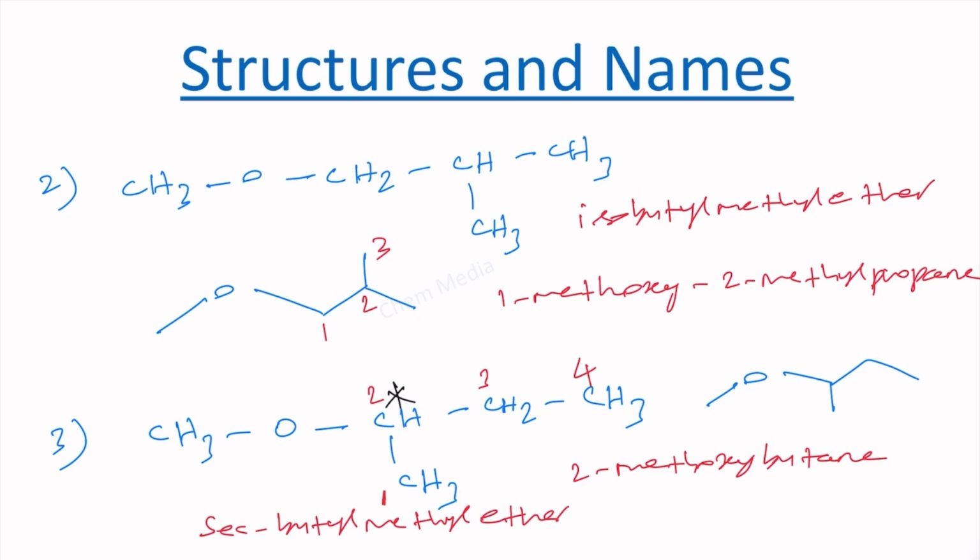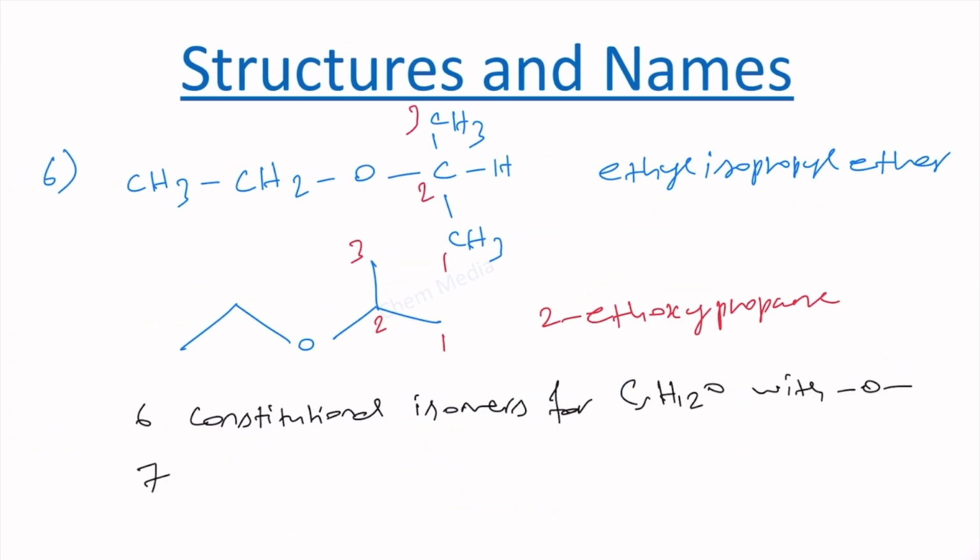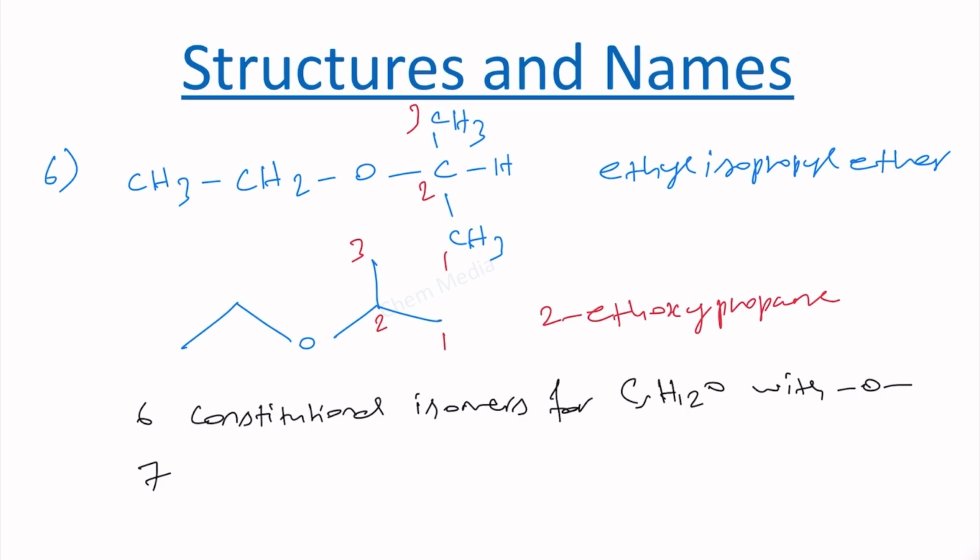And therefore there the answer should be 7. If they are asking both constitutional isomers as well as stereoisomers for C5H12O with the ether functional group, then the answer should be 7. This is constitutional plus stereoisomers for C5H12O with the ether functional group.